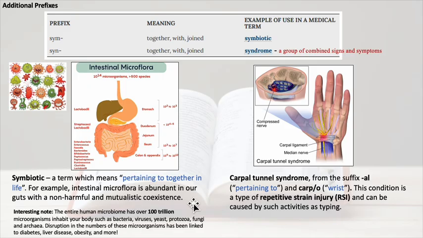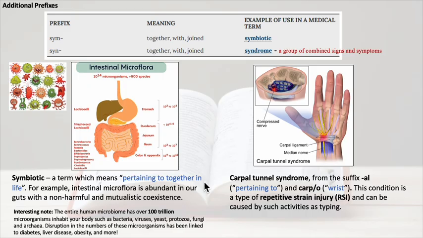And there are over 100 trillion microorganisms that inhabit our body. This includes bacteria, yeast, fungi. So these particular microorganisms will live in close association and actually benefit from one another.